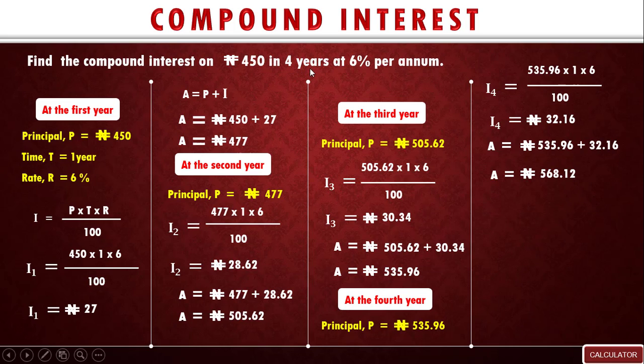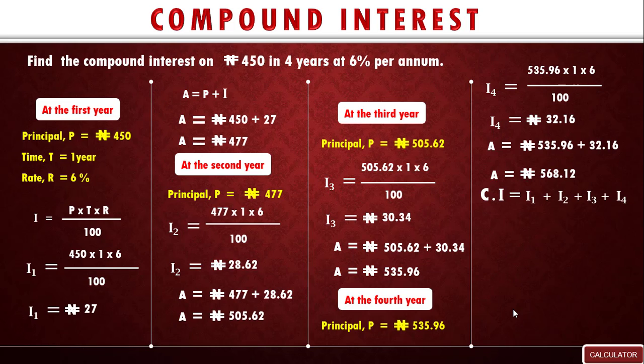The time stipulated here is 4 years. So we are stopping at 4 years. That means the next thing to do is to calculate our compound interest. To calculate our compound interest, we need to add the interest at the 1st year, the interest at the 2nd year, the interest at the 3rd year, and the interest at the 4th year. So let's try to do that.